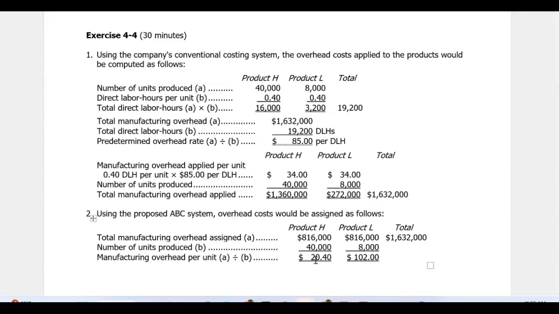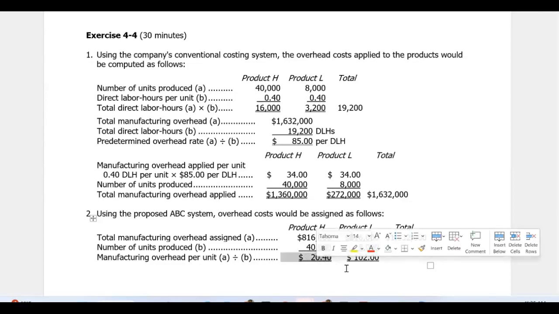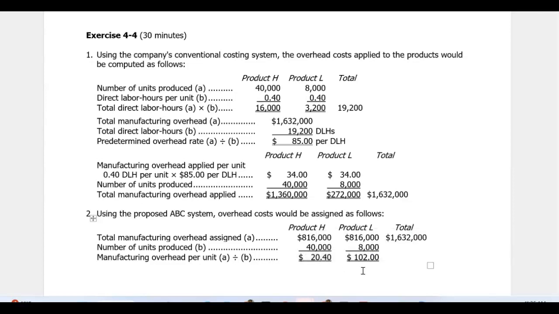Because of using the ABC system, you can now easily see the difference in manufacturing overhead cost between product L and product H, and those two calculations will significantly change the cost of goods sold for each unit. Because cost of goods sold is different, your selling price will be different, and hopefully more competitive compared to other competitors in the market. Make sense?